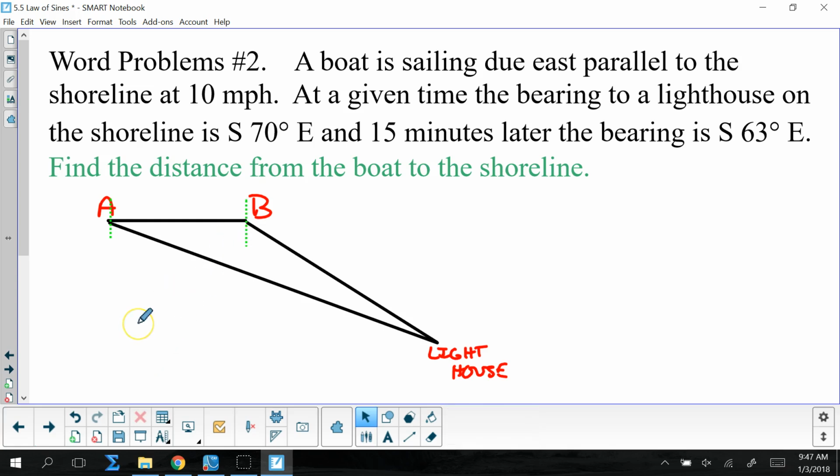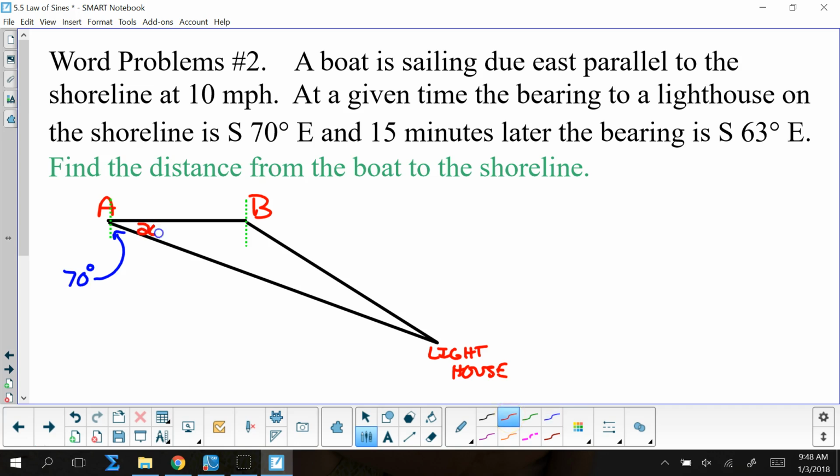Okay. So south 70 degrees east gives me an angle here of 70 degrees. Which means that the angle A in my triangle is 20 degrees.